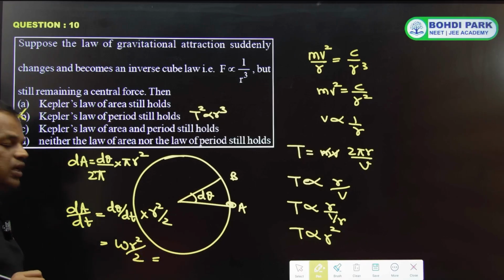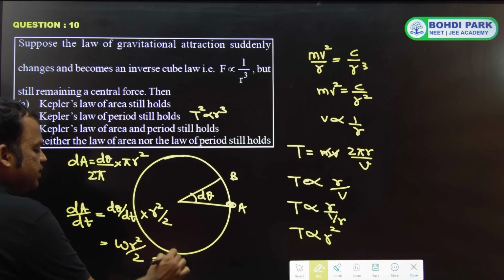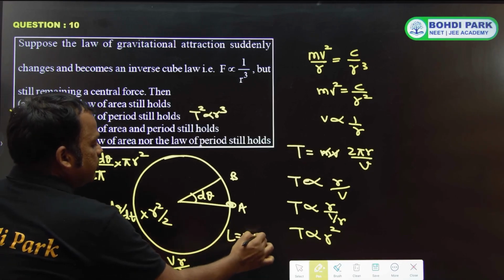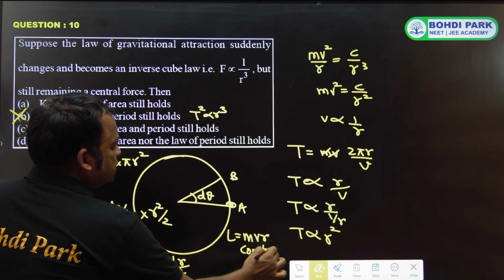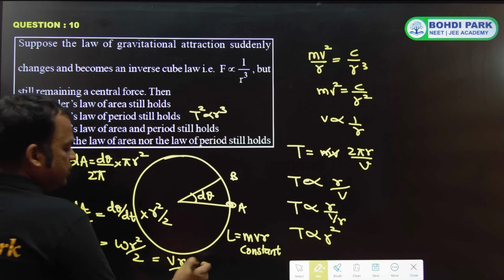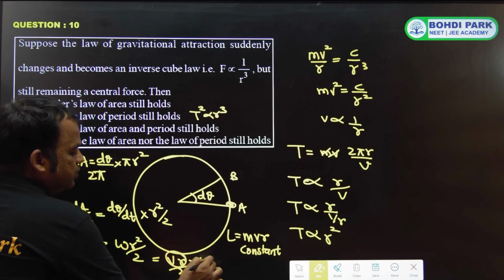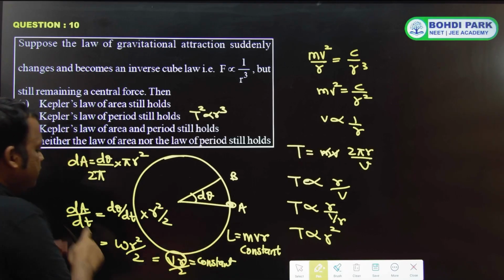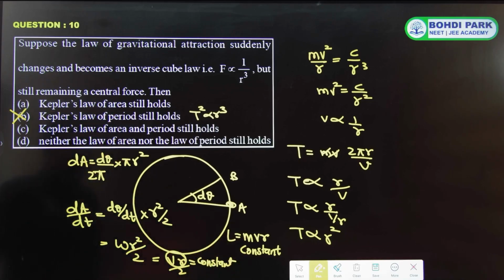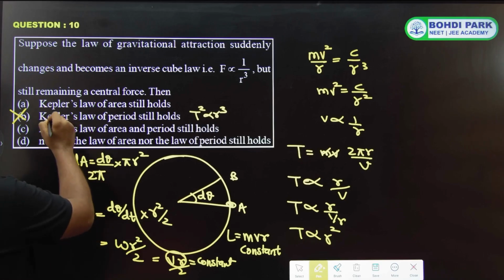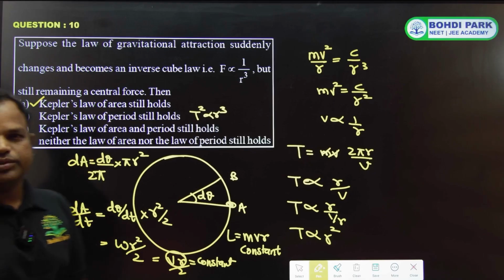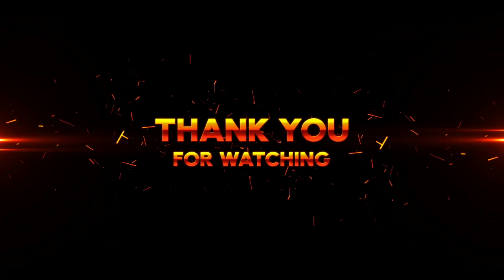So omega into R square by 2, and R omega is v, so v into R by 2. And we know that angular momentum is equal to mvR, and angular momentum is constant or conserved because the torque is 0. So vR is constant. So dA by dt is constant. So the law of area holds. A option. So that's it. Thank you.